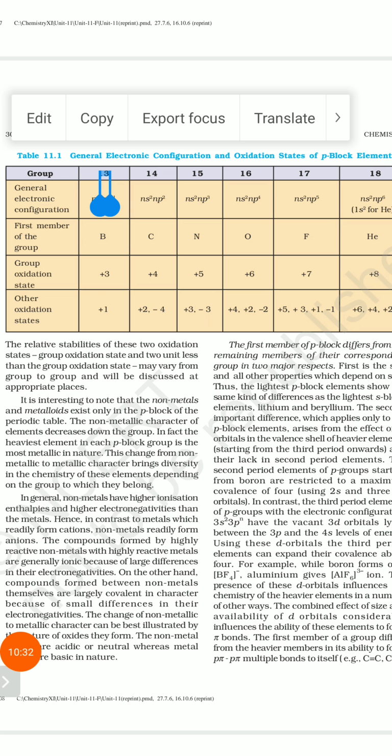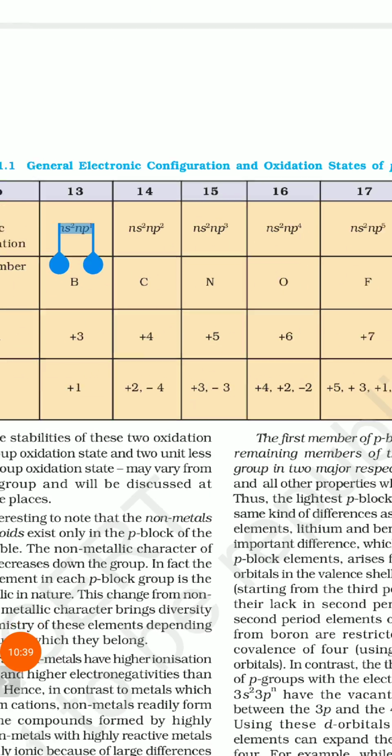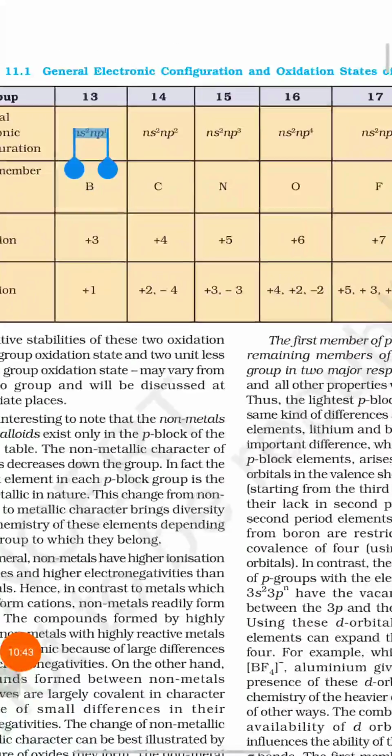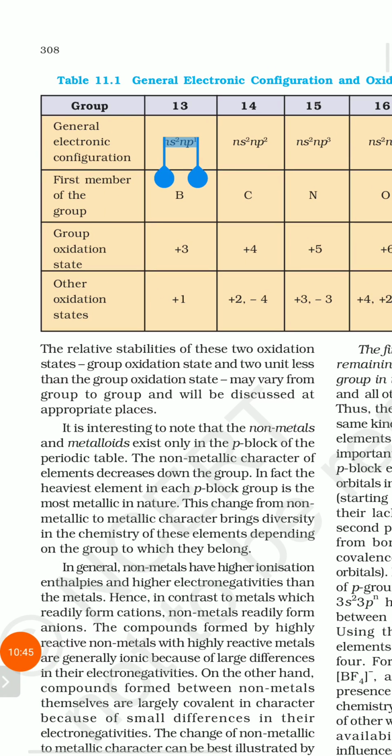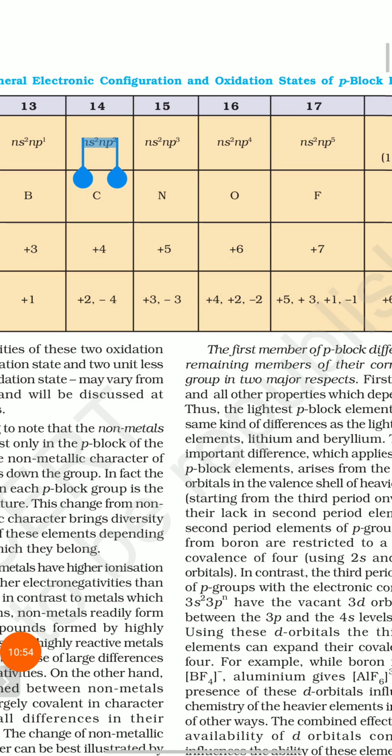For the 13th group elements, the general electronic configuration is ns2 np1. The 14th group elements: ns2 np2.